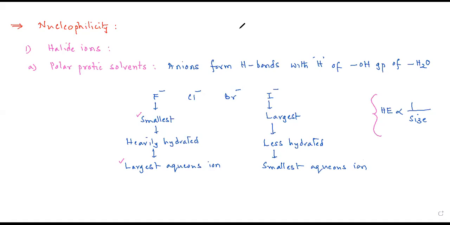Okay. Now, the point is we have to actually see the approachability of the nucleophile. Being the largest, it cannot approach the electron deficient carbon that easily.